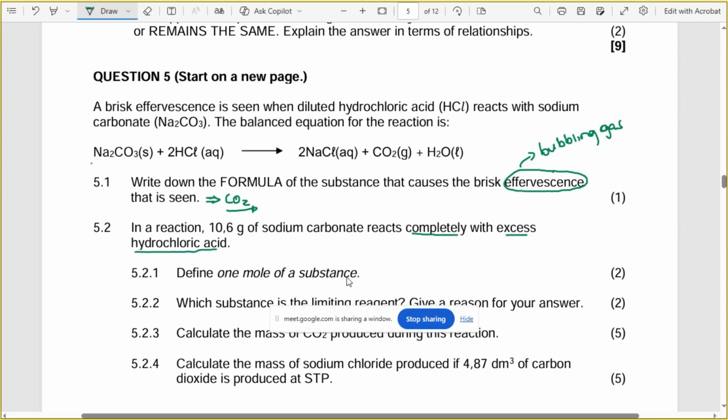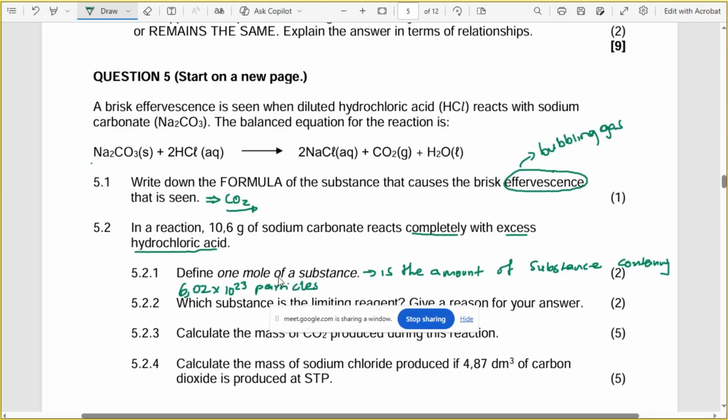So define 1 mole of a substance. 1 mole of a substance is the amount of a substance containing 6.02 times 10 to the power 23 particles. I think you understand this one, no? The definition.